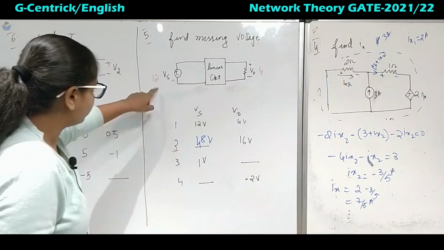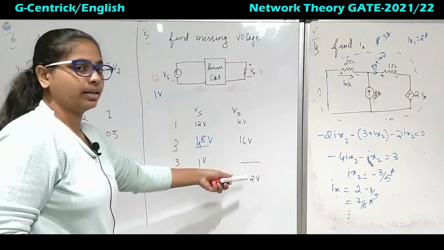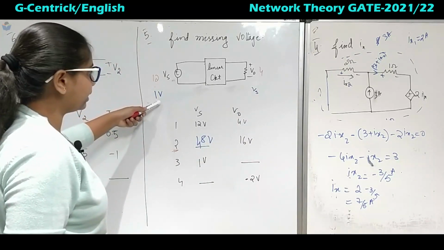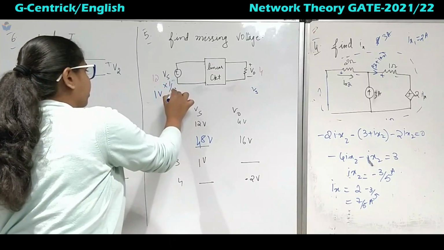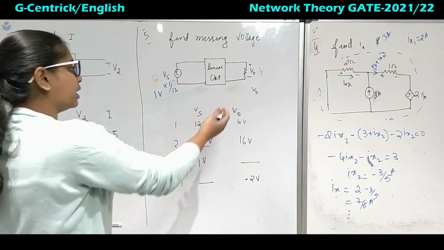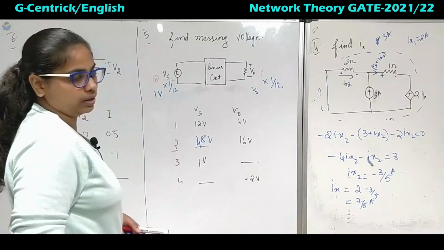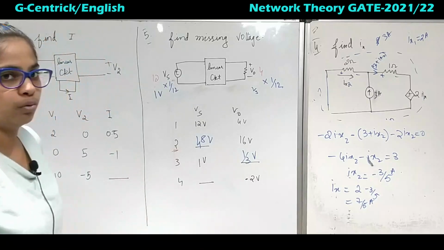So now we have at the input side 1 volt, we have to find the output side. So to get this as 1 volt, it has to be multiplied by 1 by 12. Similarly here also we will multiply by 1 by 12. So here you will get it as 1 by 3 volts.